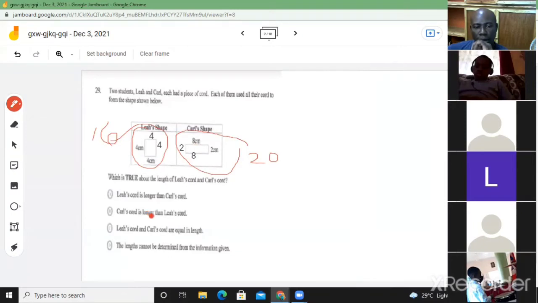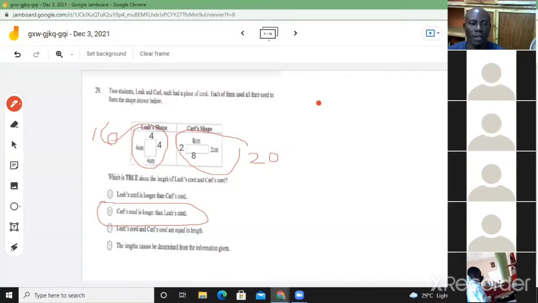All right. Yes, sir. Carl's card is longer than Leah's card. Everybody agree to that? Yes, sir. All right, good. And you understood how we get the 20, because we said 8 plus 2 plus 8 plus 2.